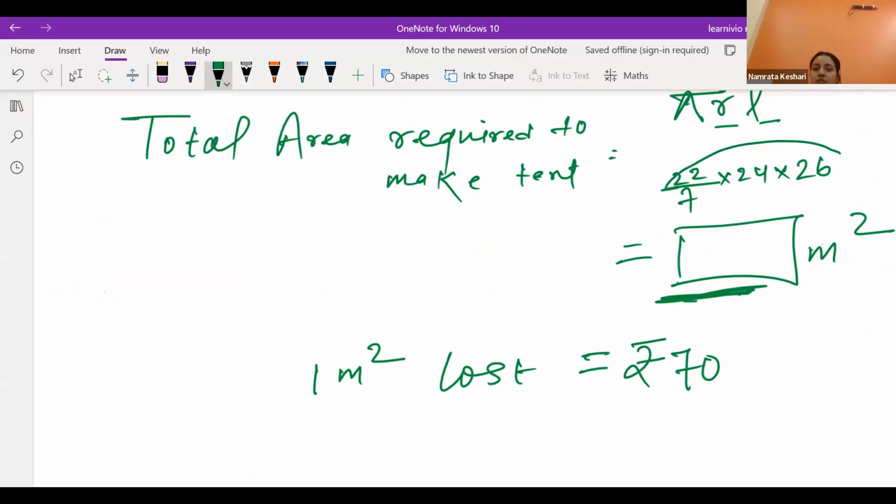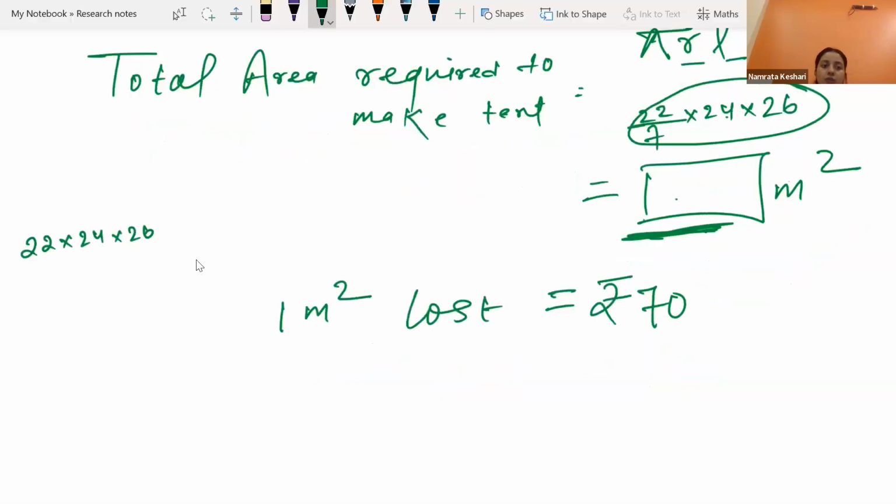Now, rather than doing the multiplication of these numbers, you can do the multiplication of 22, 24, 26, and write divided by 7 as it is. When we'll be finding the cost, this 7 will be able to cancel out. So please do the multiplication of 22, 24 and 26.